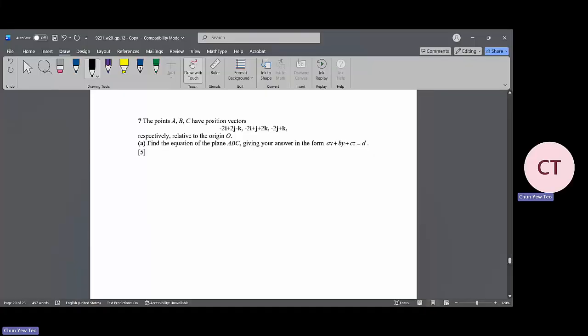The 3 points over here, point A, B, C, each of them has a position vector as given here. And we want to find the equation of the plane ABC and leave the answer in Cartesian form. So first of all, we write OA in matrix form, -2, 2, -1, and OB will become -2, 1, 2, and OC will become 0, -2, 1.